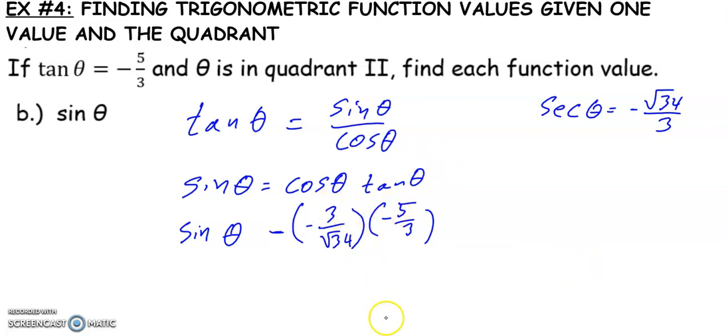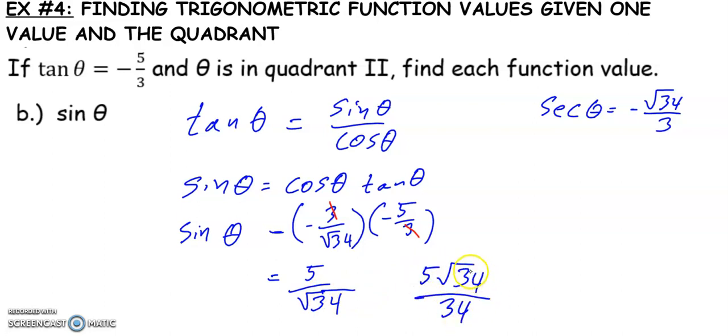So we notice what goes on here is my 3's are going to cancel out. So sine theta is going to be a negative times a negative is a positive, 5 over square root of 34. Well, we hate radicals on the bottom, so we're going to move that radical to the top, and then we're going to leave the radicand on the bottom.